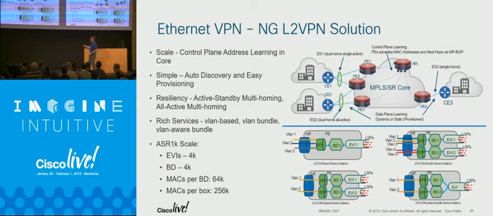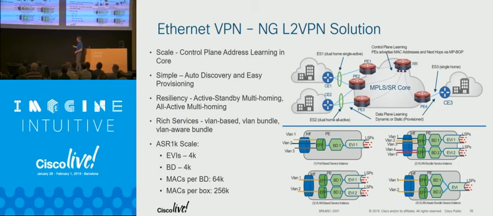Then you can have the VLAN bundle services. In this service, you group a number of VLANs together, you map that to an EFP, the Ethernet flow point, then connect to one bridge domain, then associate that bridge domain with the EVI instance. In the third use case, you have the VLAN-based services instance, so it's a simple one. One VLAN mapped to one EFP, mapped to one bridge domain, mapped to one EVI.